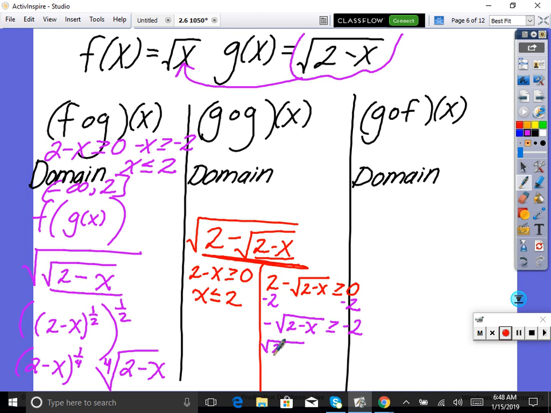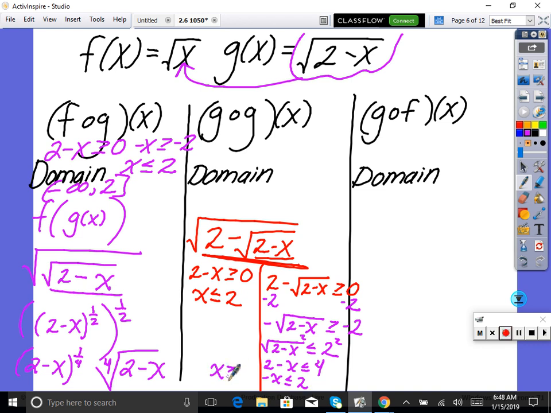So we have the square root of 2 minus x is less than or equal to 2. Then what? Square both sides. So we have 2 minus x needs to be less than or equal to 4. Subtract 2. Negative x is less than or equal to 2. And then divide both sides by a negative.